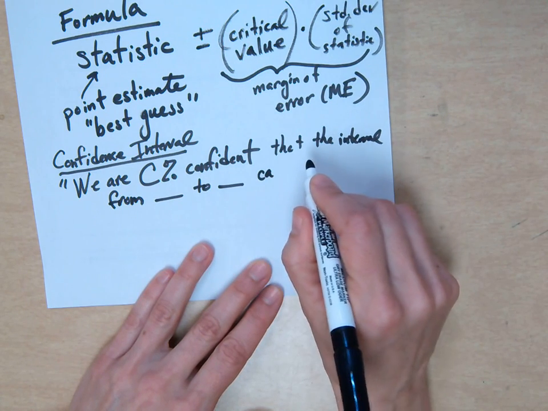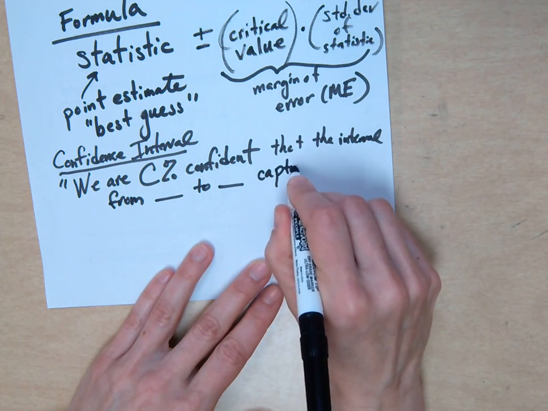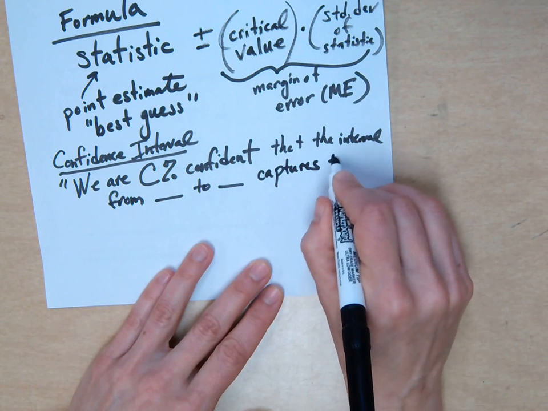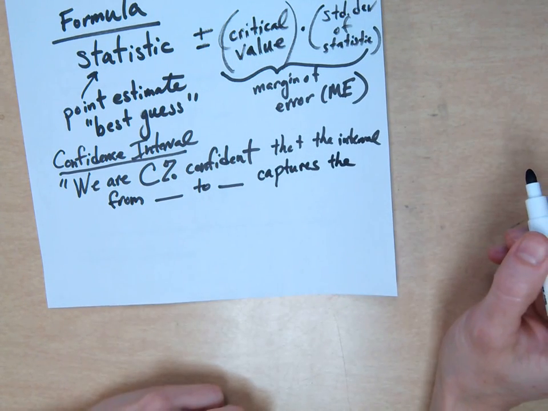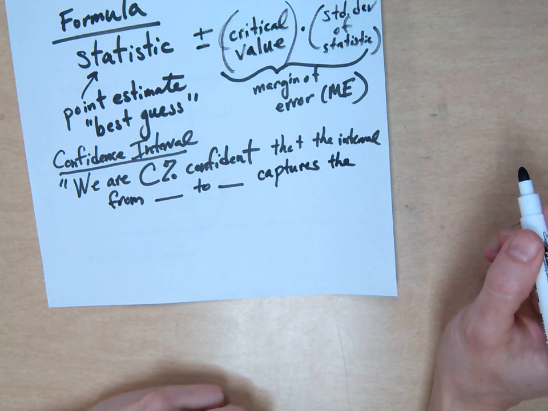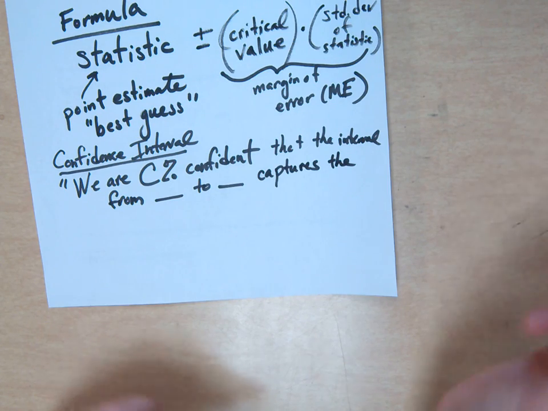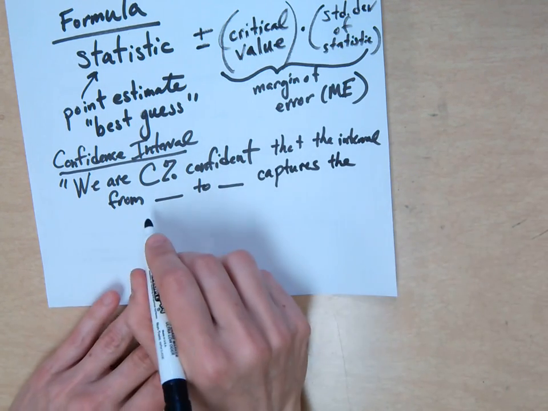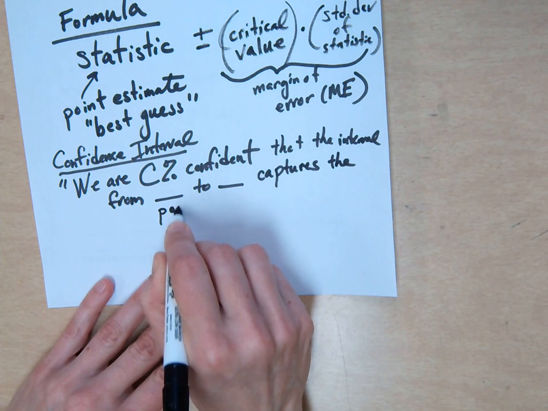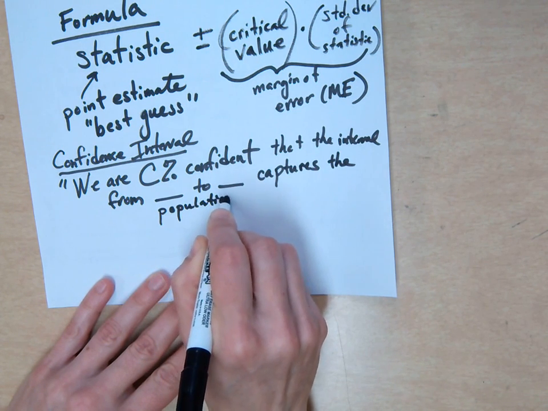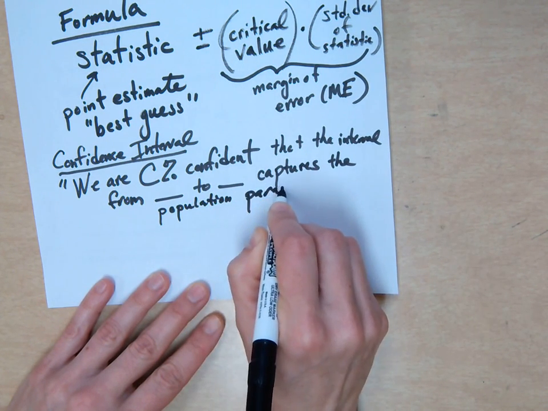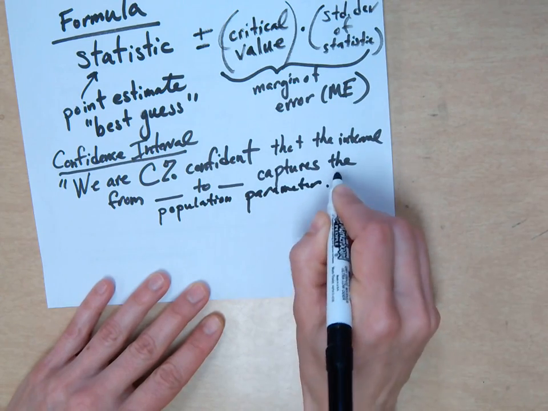Not as equal to, but captures, it's within that interval. What's the shortest way I can say this? It captures the population parameter. That's probably the shortest way I can say it.